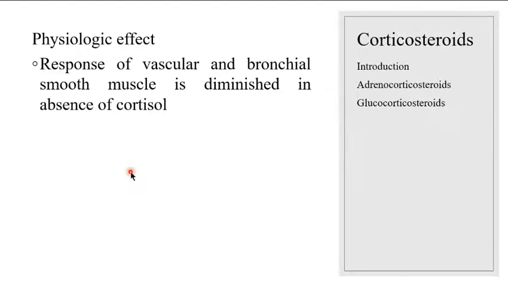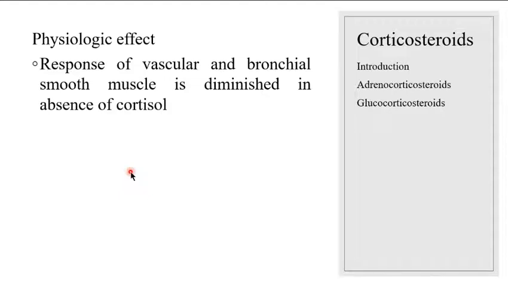For example, for bronchodilation or for vasodilation, corticosteroids are required. In the absence of corticosteroids or cortisol, the bronchial muscles and the vascular muscles do not respond well.